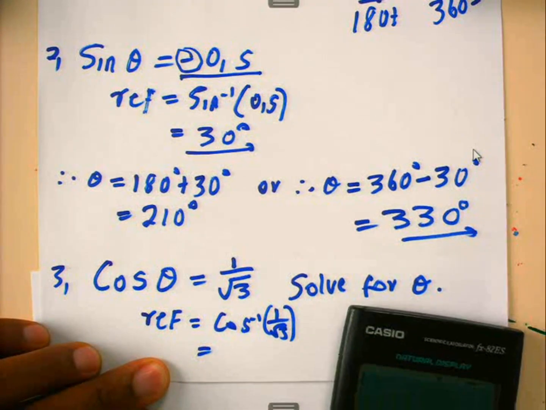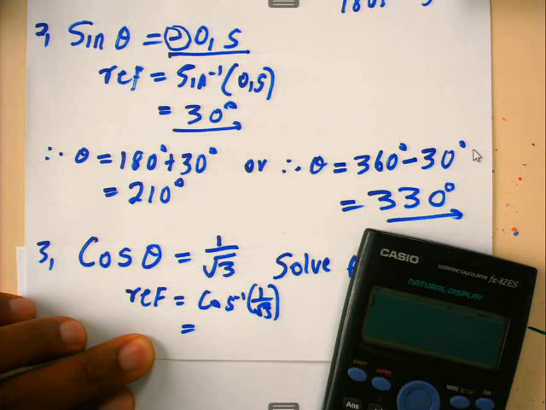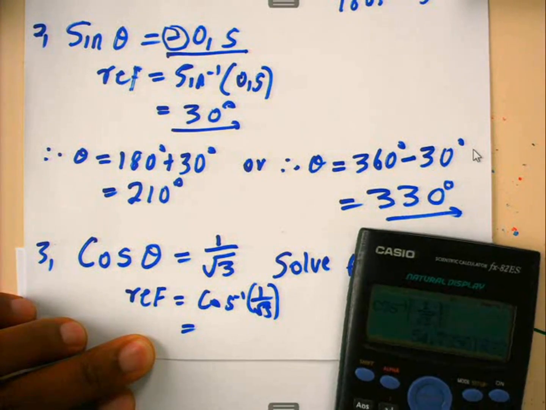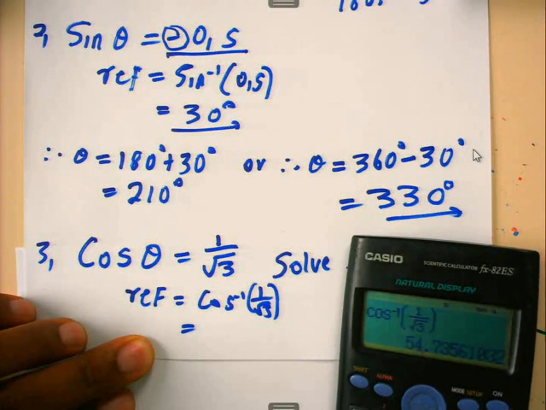Right, now what is it that you're going to do? Now we say, okay, that is shift there, and now we have cos, right? Of course, what is it that we have? 1 divided by square root of 3 there. And now we say, okay, the answer there is 54,5.